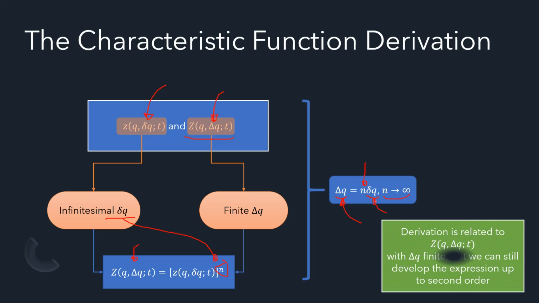Okay, so we may assume here that our previous derivation using the characteristic function was indeed made in terms of this capital delta Q, because while it's finite, as we have seen, it still can be developed up to second order in the expression of the characteristic function.